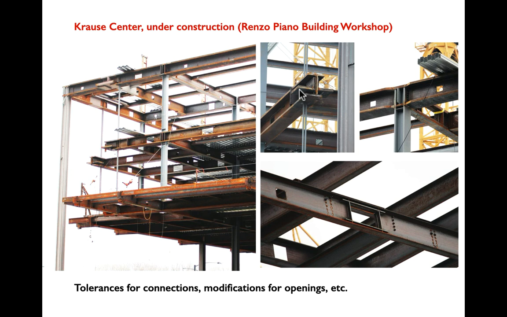Here you can see tabs being welded onto this beam to allow for connections that are going to happen a little bit later. And then one thing that you see all over the place are these holes that are cut into these girders that will allow the mechanical system of the building to get woven through the structure. If you look closely, you'll see that these tend to be placed toward the center of the beam.